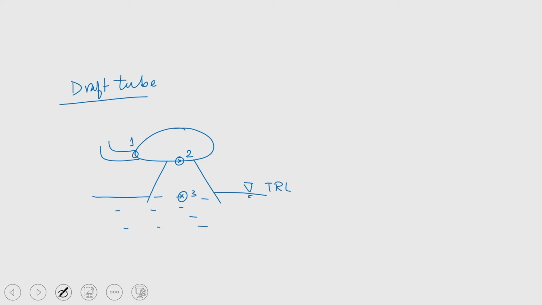we could write the pressure P2 by rho g, the pressure head at point 2, is nothing but Z plus (V2 square minus V3 square) by 2g minus H draft tube loss.